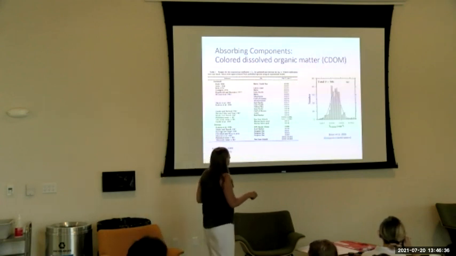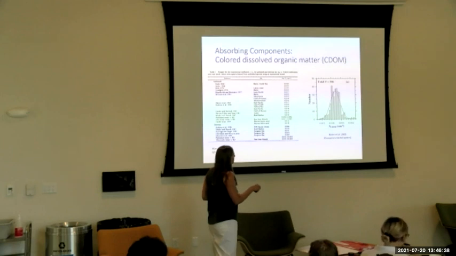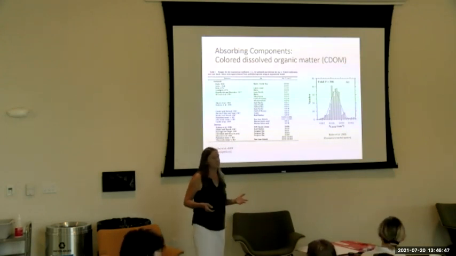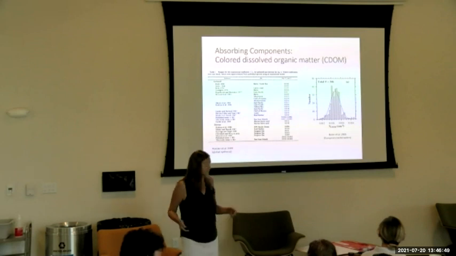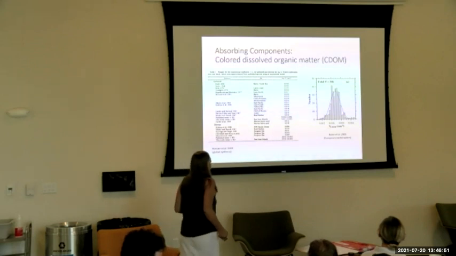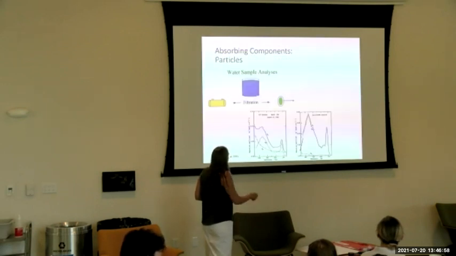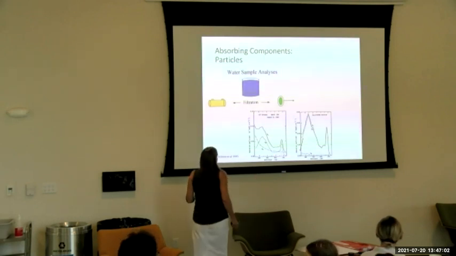Marcel Babin did a huge survey of European coastal waters of the spectral slope of CDOM, and he found that his mean and his spread were exactly what I found for the globe. So it's pretty robust. CDOM does not have a huge range in slopes. Okay, so then you take these particles and you measure them in a spectrophotometer.